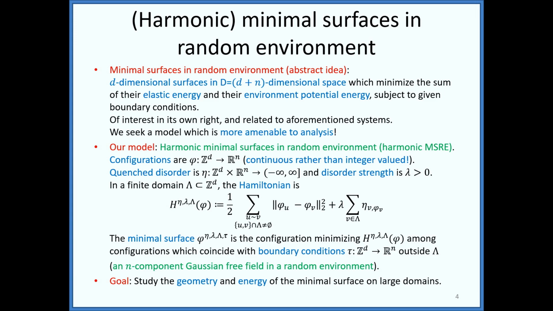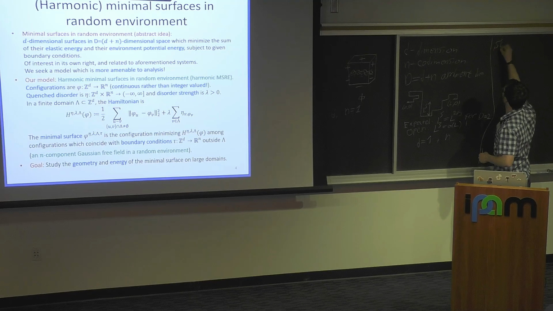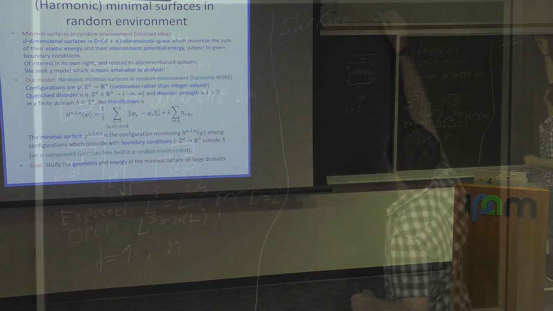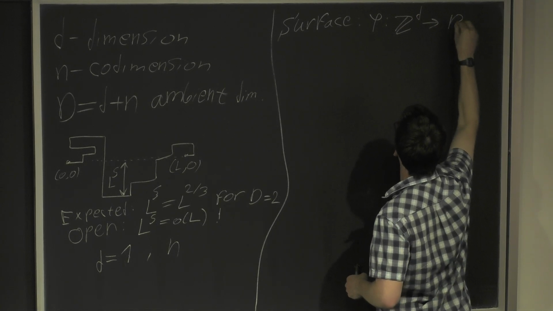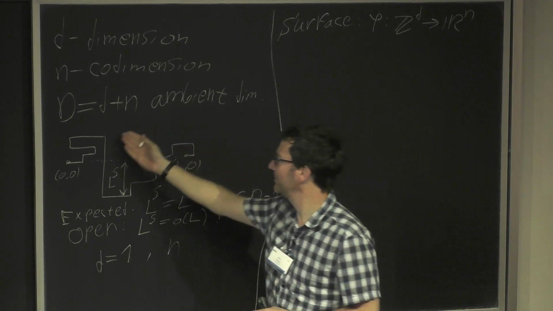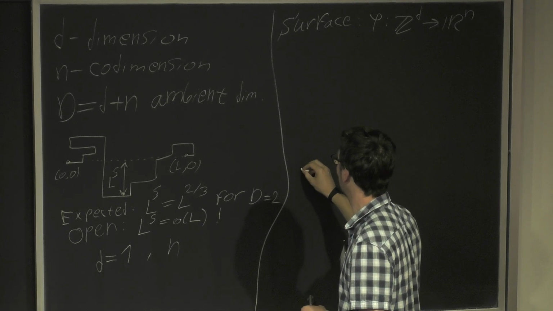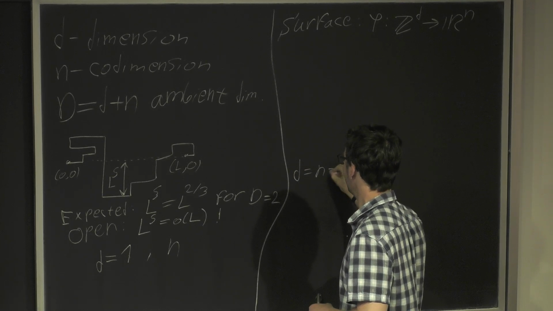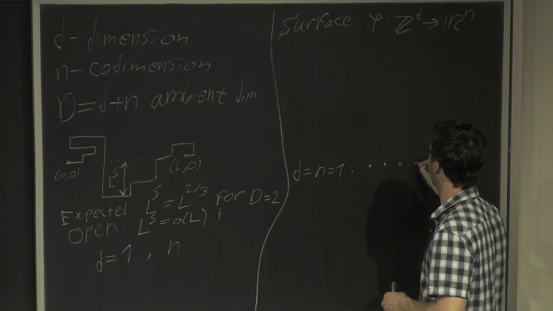So there are several objects needed to define the model. One object is the surface itself. The surface itself is going to be a function from the Z^d lattice to R^n. Let me illustrate that in 1 + 1 dimensions. So for instance, if d equals n equals 1, then we have the one-dimensional lattice.